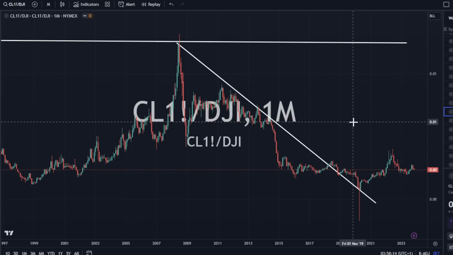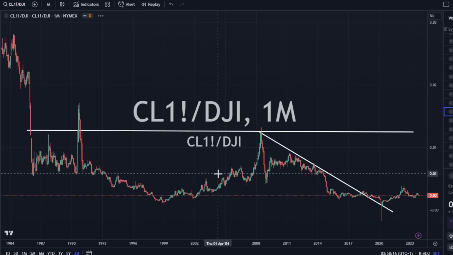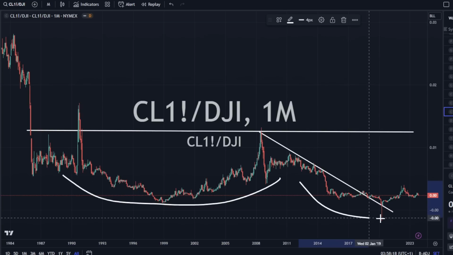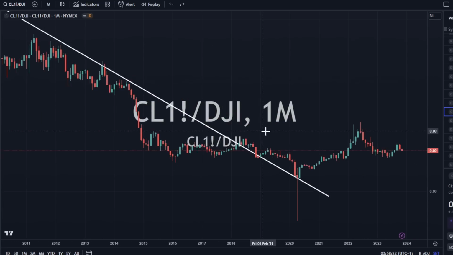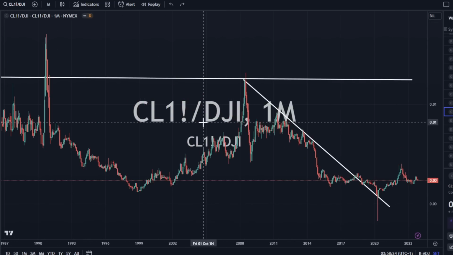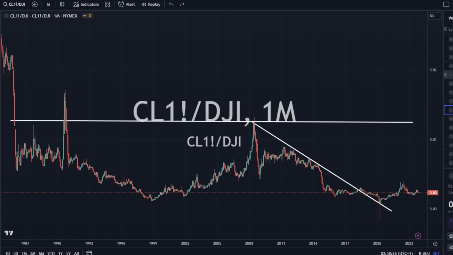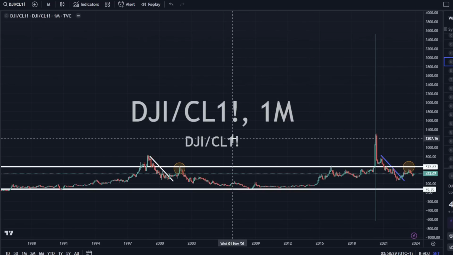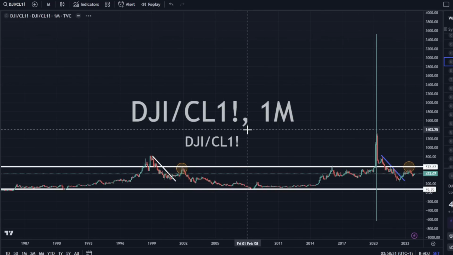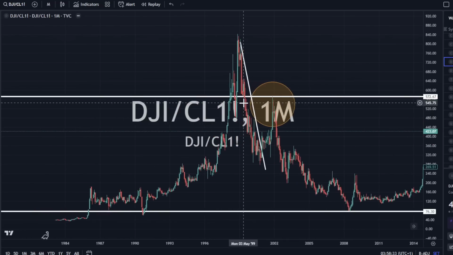Crude oil versus Dow Jones. So crude oil versus stock, it's that same kind of double bottom type pattern. And I think that crude oil will eventually outperform Dow Jones. We're at a very low ratio right now. Dow Jones versus crude oil, I just flipped it. Last bull market, and I'll show you guys what that looks like here.